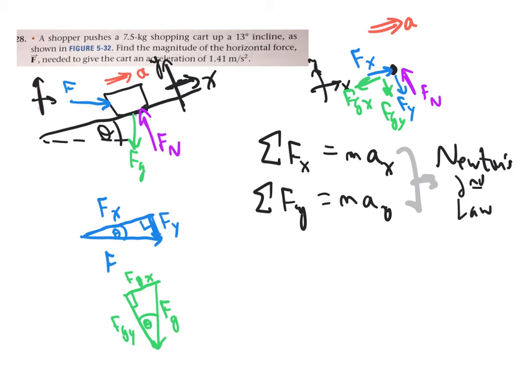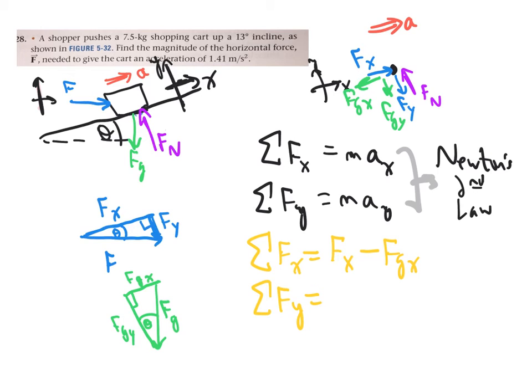I can look at the diagram and I can say, oh, sigma Fx, the net force in the x, based solely on the diagram now, must also equal, well, there's an Fx that points in that direction, and there's an Fgx, but it points in the opposite direction. In the same way, sigma Fy is only the forces that point along or oppose the y-axis, which would be this one and this one and this one.